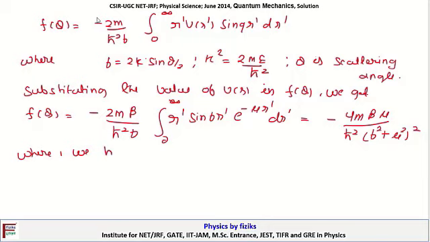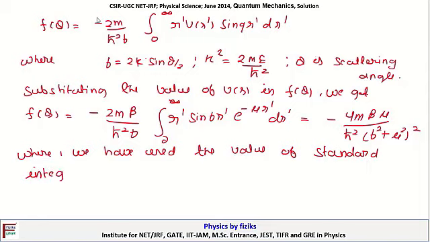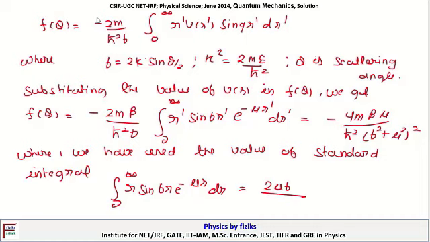where we have used the value of the standard integral, that is, integral 0 to infinity r sin br e to the power minus mu r dr is equal to 2 mu b divided by (b square plus mu square) whole square.